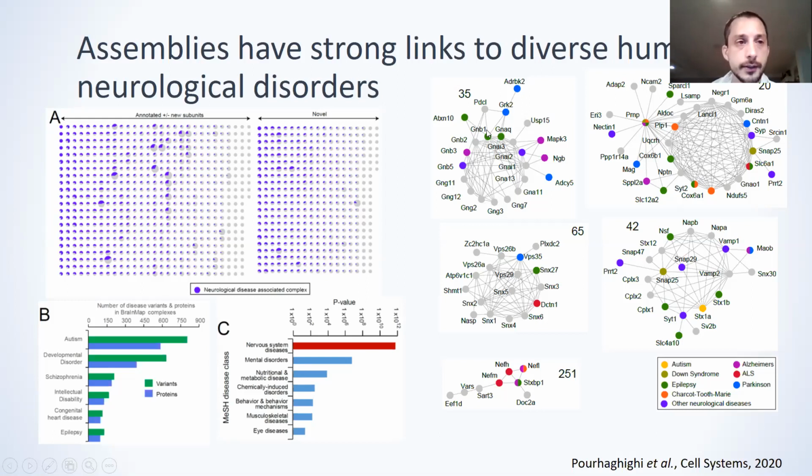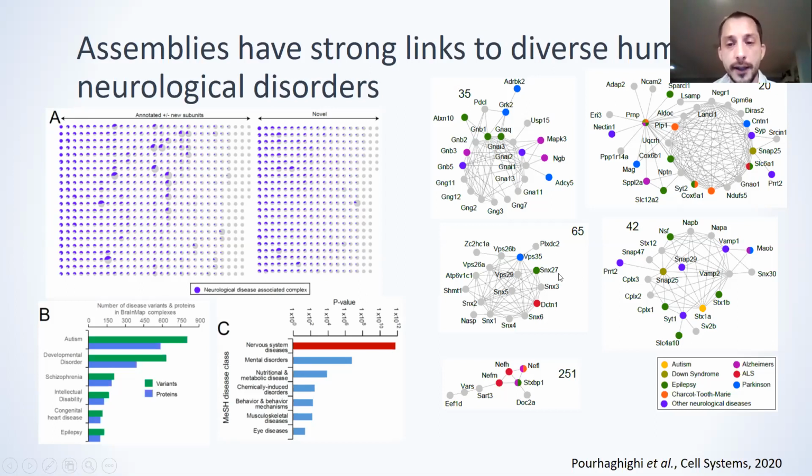Complex 20 is composed of a number of cell adhesion and cell signaling systems between axons and the myelin sheath, and so is probably involved in trophic support of axons by the myelin sheath.